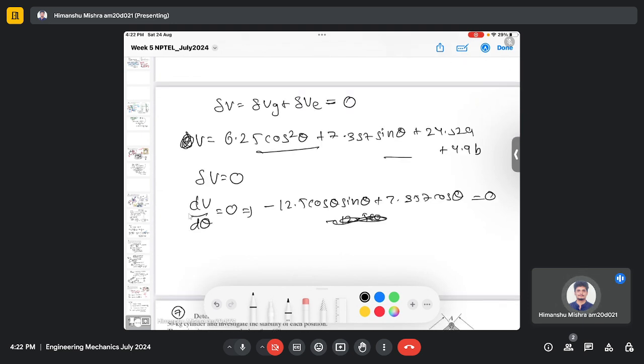So I can simplify it by taking cos theta common: cos theta times (minus 12.5 sin theta plus 7.35) equals 0. So here I will get cos theta equal to 0 and 12.5 sin theta equals 7.35.